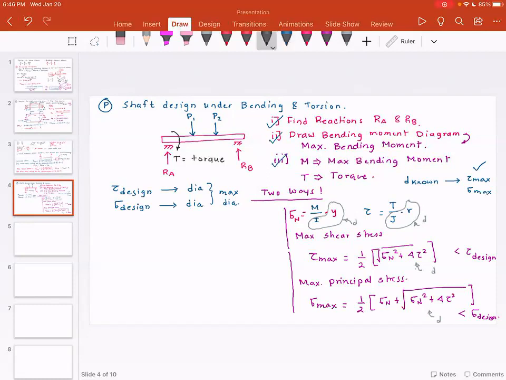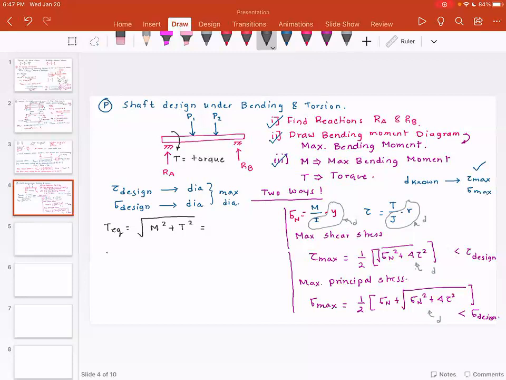So now we have the maximum bending moment and we also have the torque. In the alternate process, we will find the equivalent torque or the resultant torque. Now please note, diameter does not appear in this equation. Resultant torque is simply given by the square root of M square plus T square. And then I find the diameter using this resultant torque.